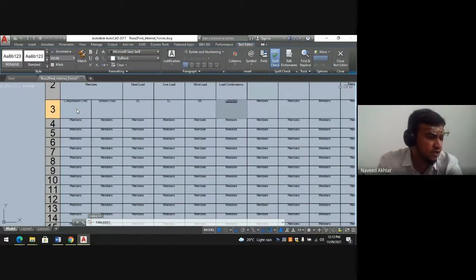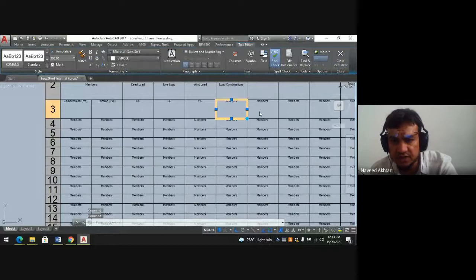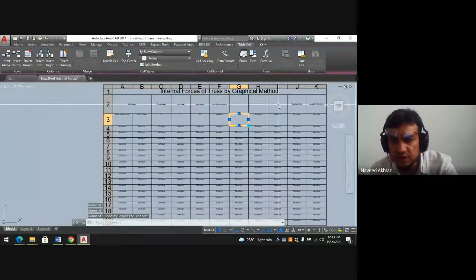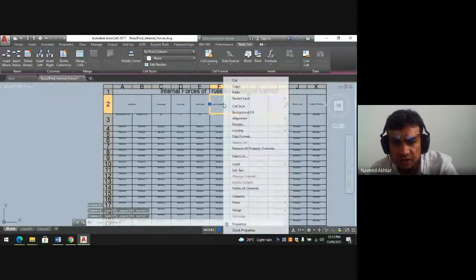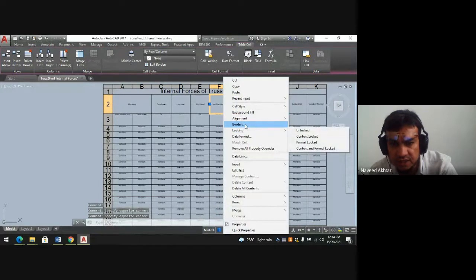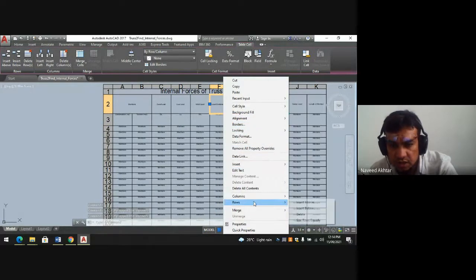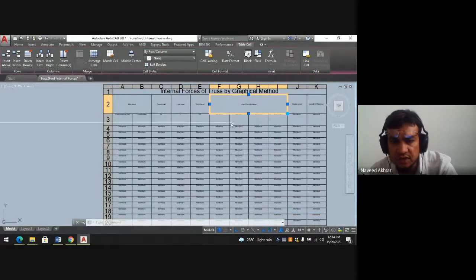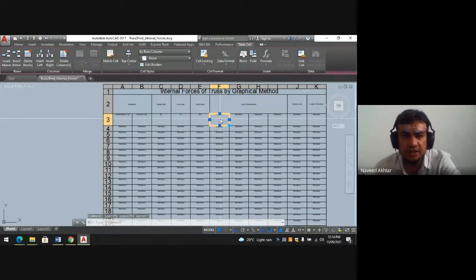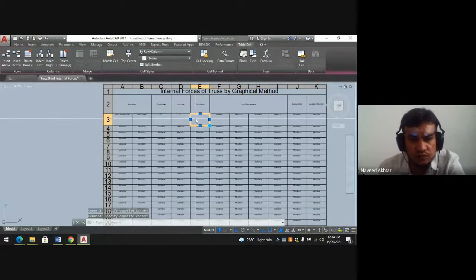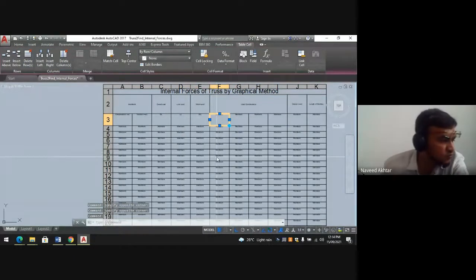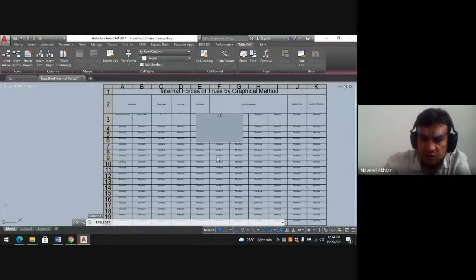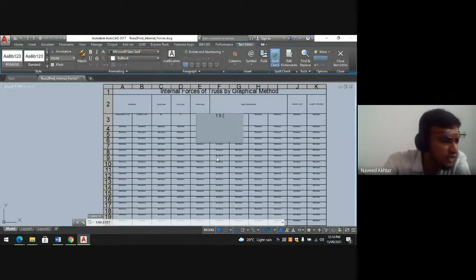Load combinations, different combinations we are selecting. I will merge this for the load combination. Merge one. Okay. So combinations. So here it is 1.5 times of dead load plus live load.